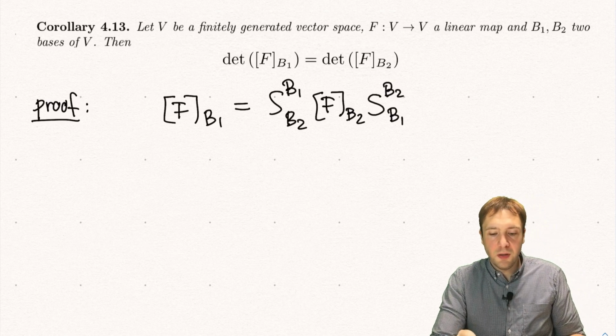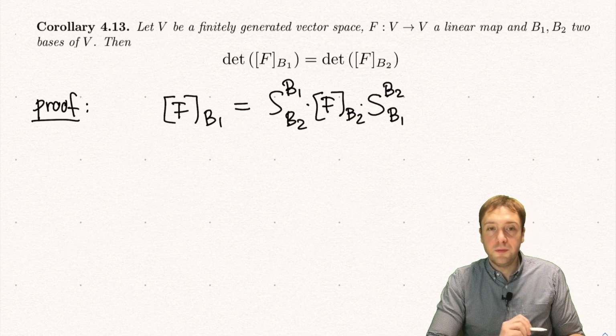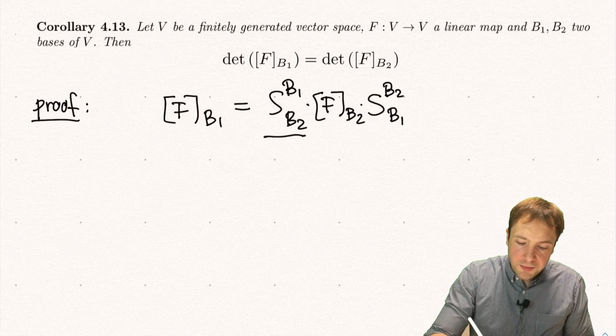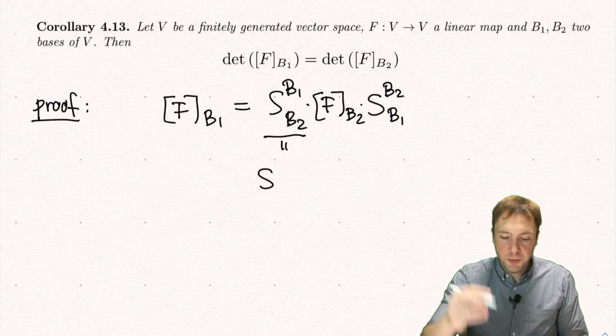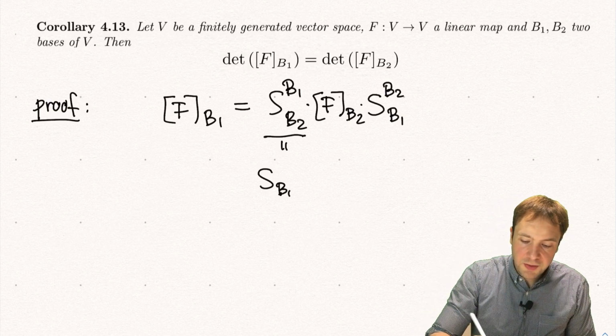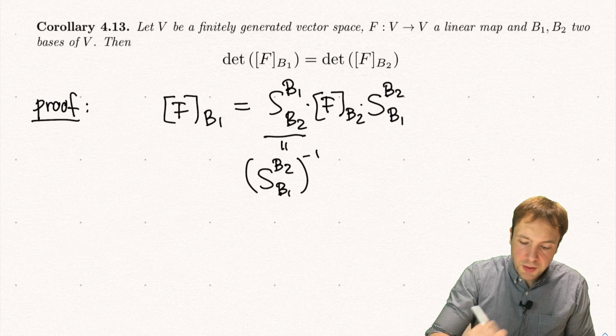So here I have a product of three matrices, and the change of basis matrix from B2 to B1 was the same as taking the change of basis matrix from B1 to B2 and taking the inverse.